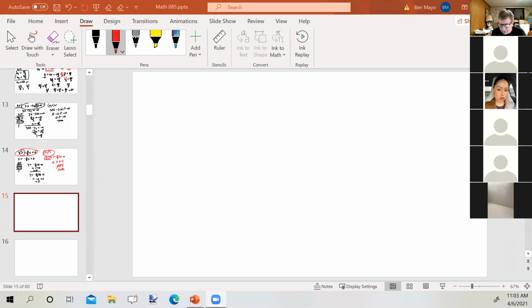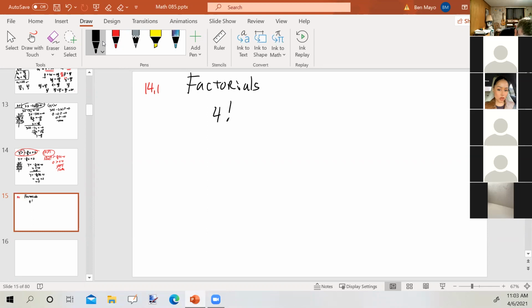Yep. Okay, thank you. So section 14.1 was factorials. Recall the symbol for factorial operation is an exclamation mark. So 4 factorial is like 4 times 3 times 2 times 1. How about this section?